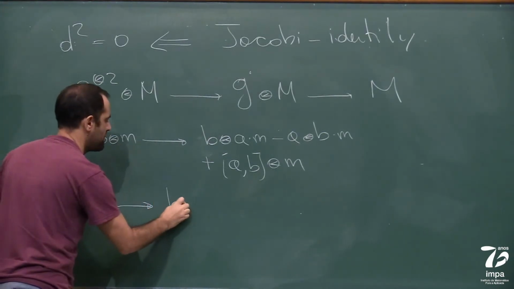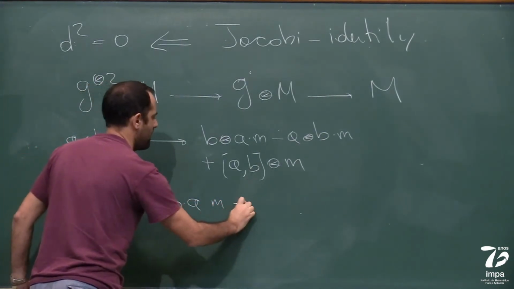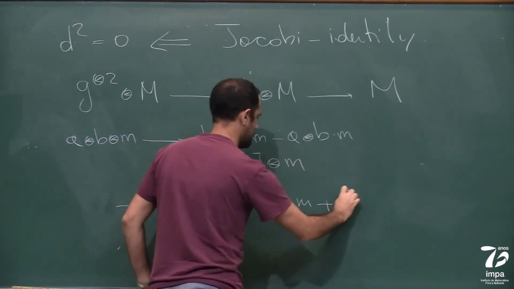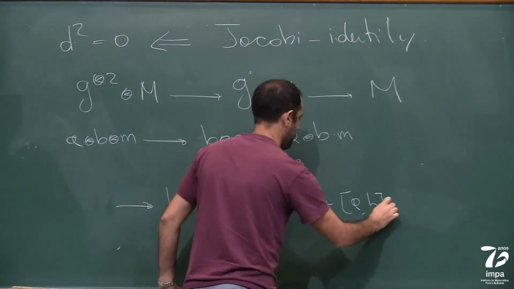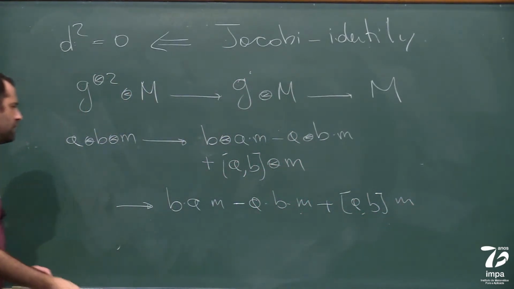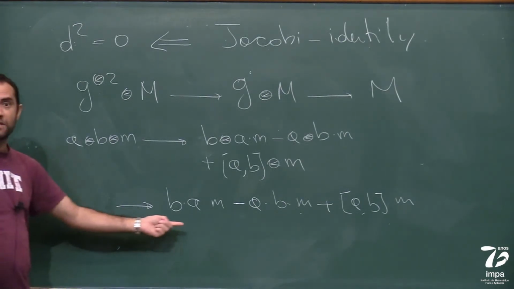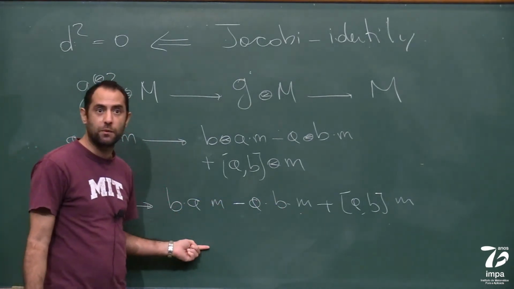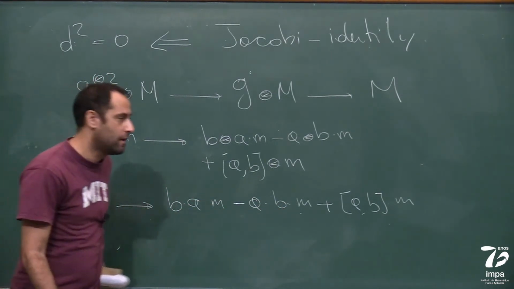So this goes to B A M minus A B M plus the bracket of A with B M. So that seems right. And the fact that this is 0 is the fact that M is a representation. If I had taken the adjoint representation, this would be the Jacobi axiom.